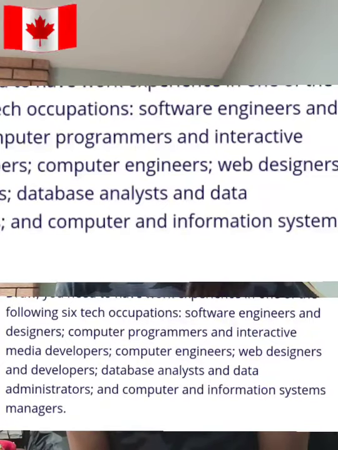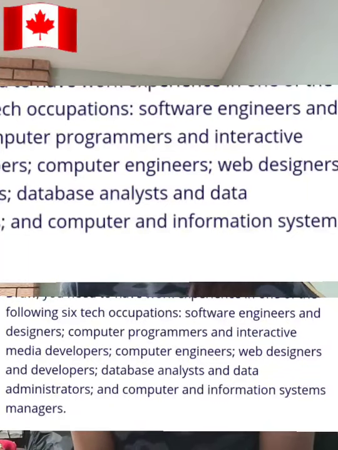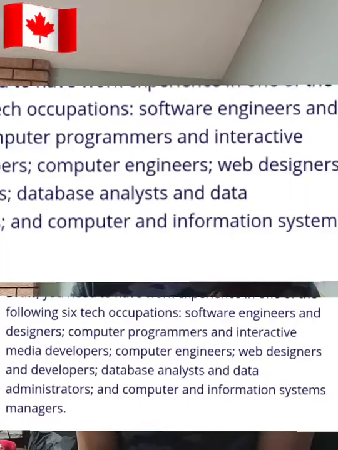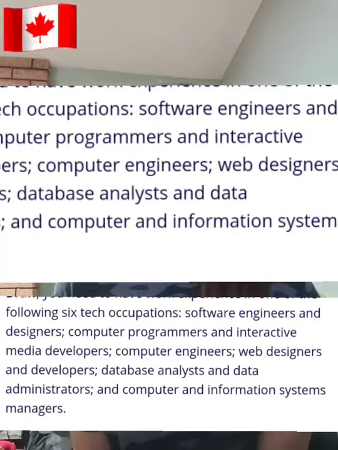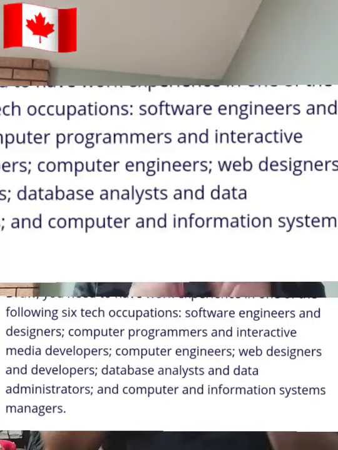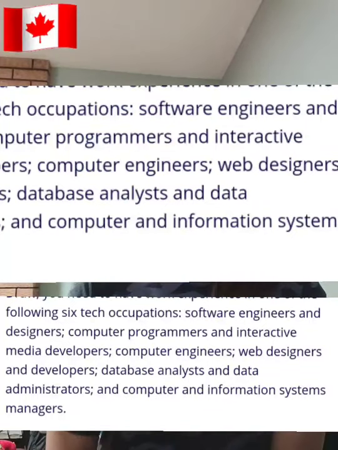And eligible candidates get invited, and then the process goes as it does for other applicants. Then we have Ontario Tech Draws. Like BC Tech Draws, there are Ontario Tech Draws too, and they do this from time to time. To be eligible, you need to qualify for Ontario's Human Capital Priority Stream. This means you must be eligible for either the Federal Skilled Worker Program or the Canadian Experience Class. And to be eligible for this tech draw, you need to have work experience in one of these tech occupations.